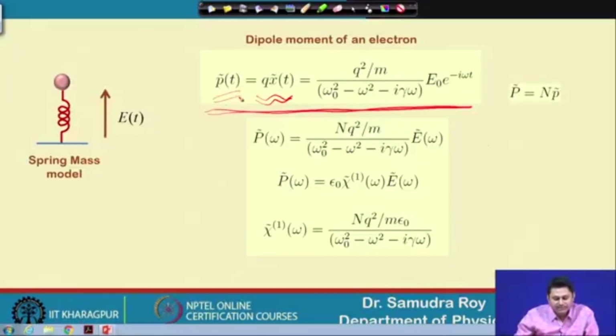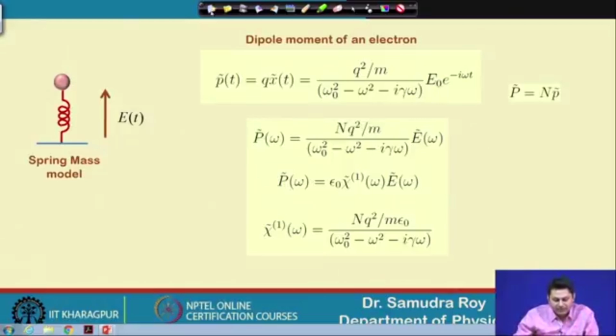Dipole is nothing but q, which is a charge, multiplied by the distance. The distance here is nothing but x, and this value of x I just calculated in the previous slide.